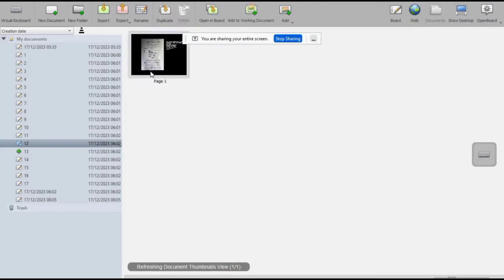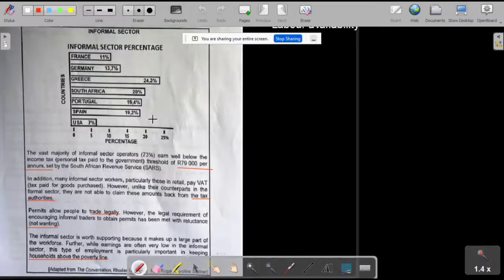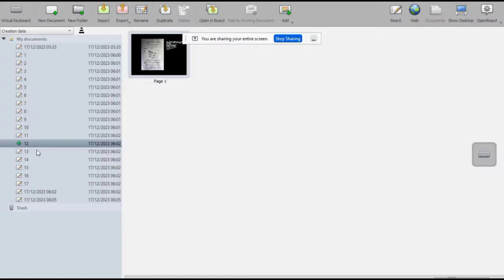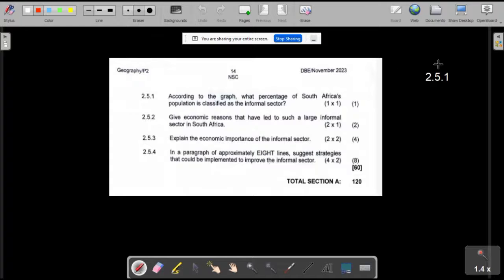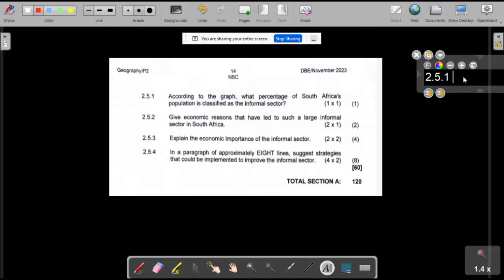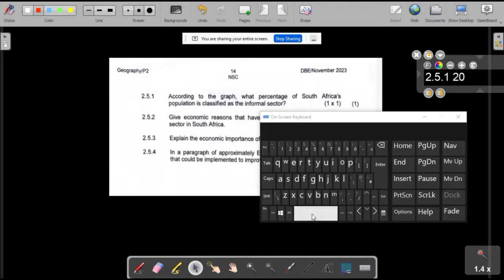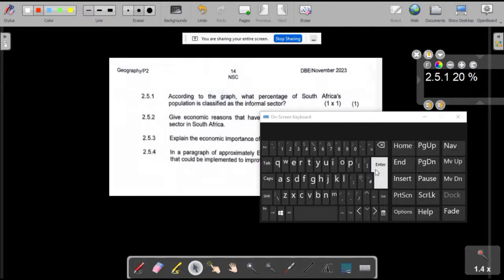The percentage, oh, it's actually 20%. Okay, so it's 20%. So that's what I will write down as well, 20%, with the percentage sign there.